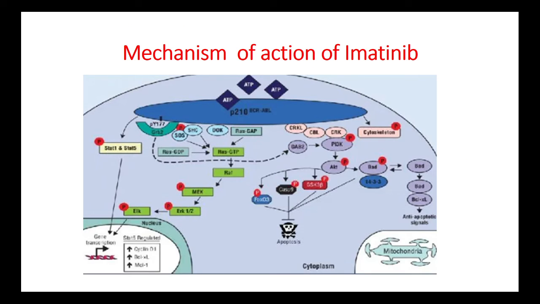Also you can look at another effect of imatinib, and we will speak about this in our class. Our teacher will help you make this pathway, how it will work if there is a gene mutation, and how it will reduce with target therapy.